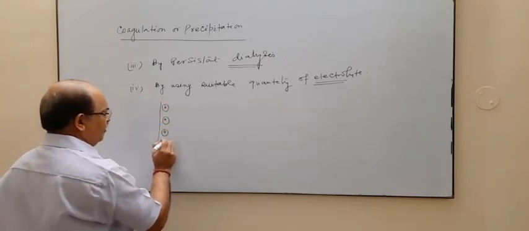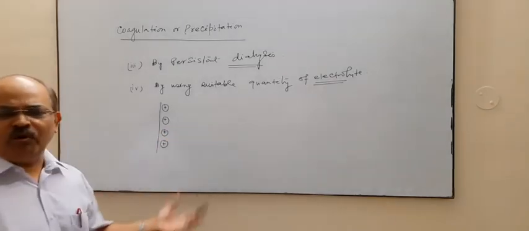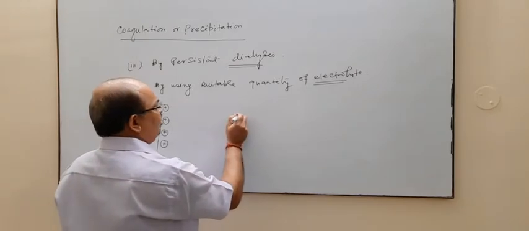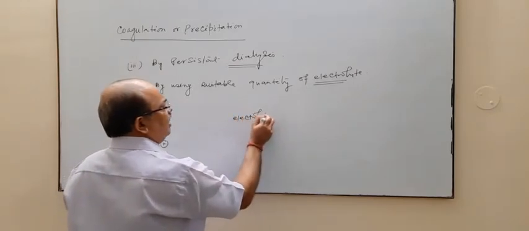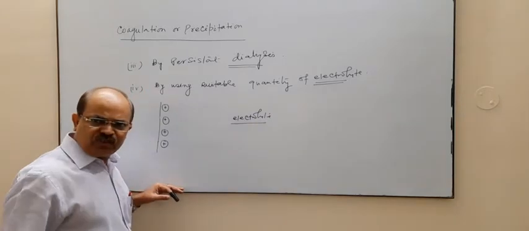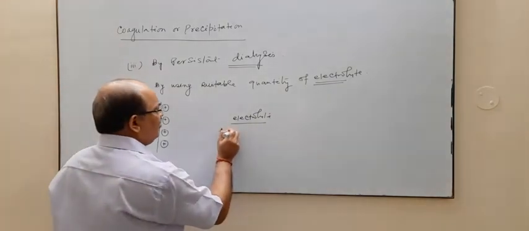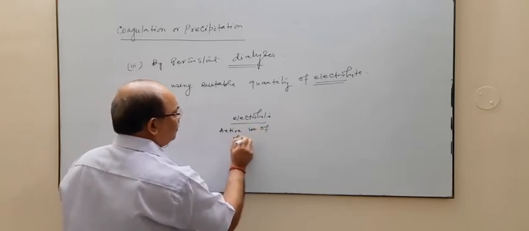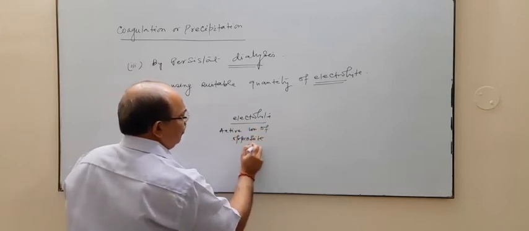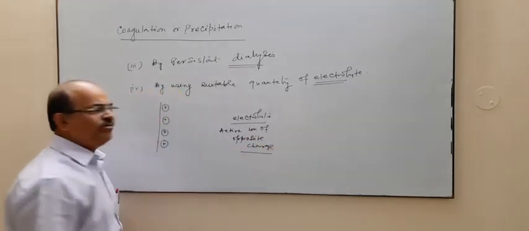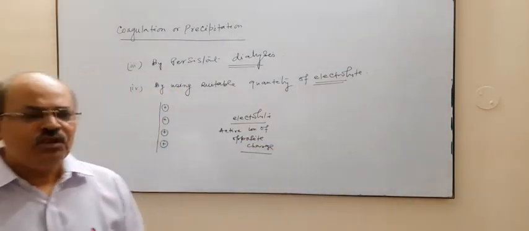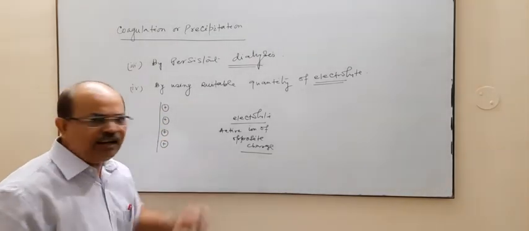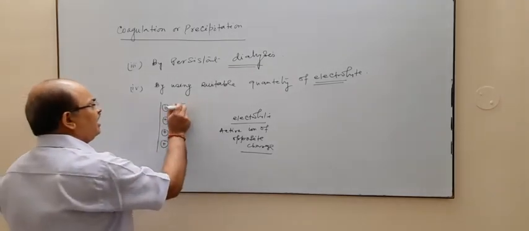Now we add a suitable electrolyte which contains an active ion of opposite charge. Since it is positively charged, the active ion of opposite charge is negative.